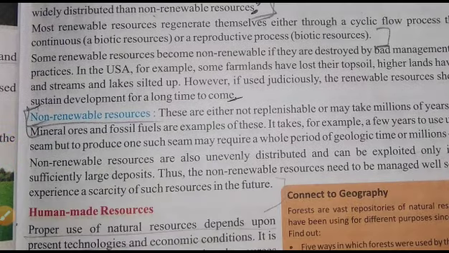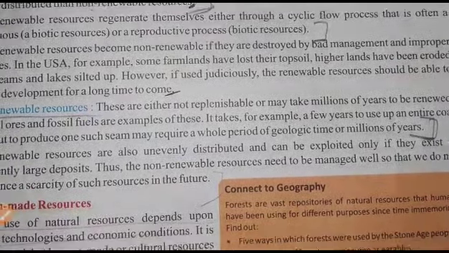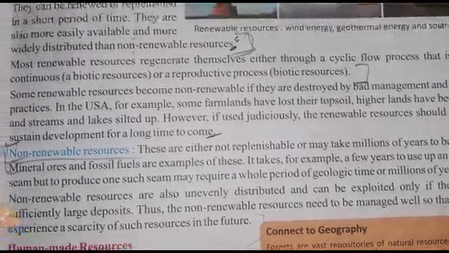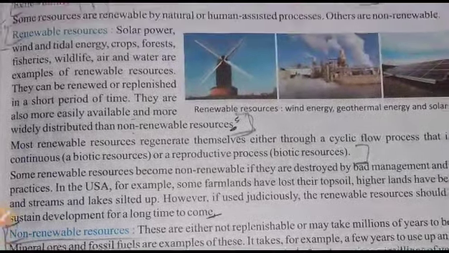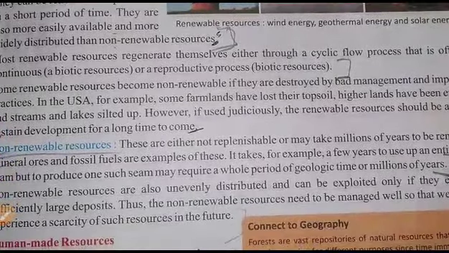Non-renewable sources are also unevenly distributed and can be exploited only if they exist in sufficiently large deposits. So here are some differences between the renewable and non-renewable sources. Their examples are different, their meanings are different, and their distribution on the earth is different. So you can mention these.